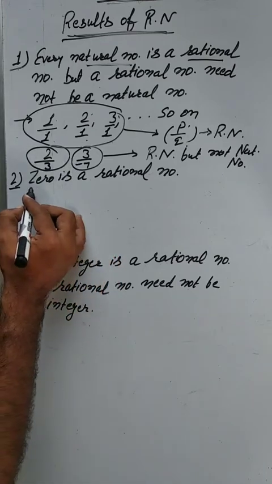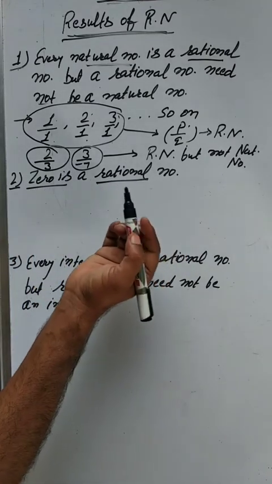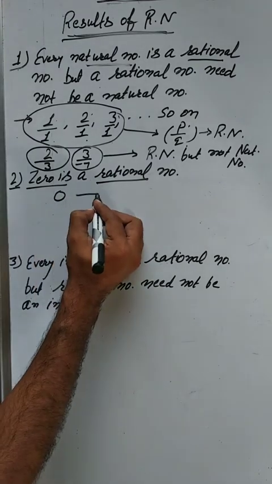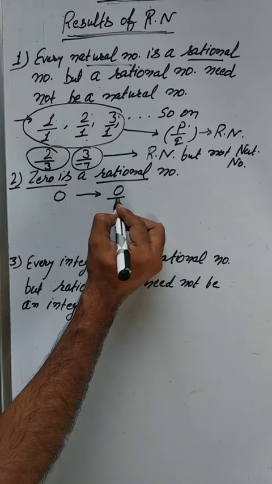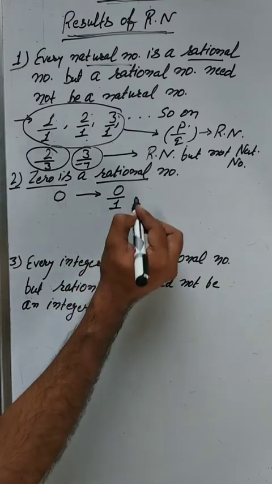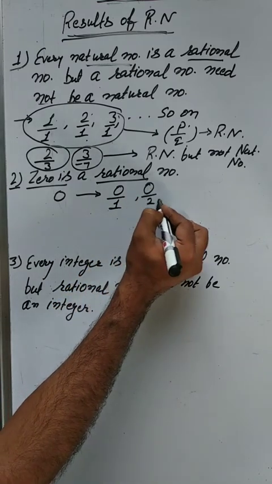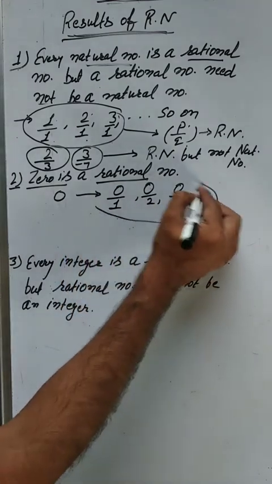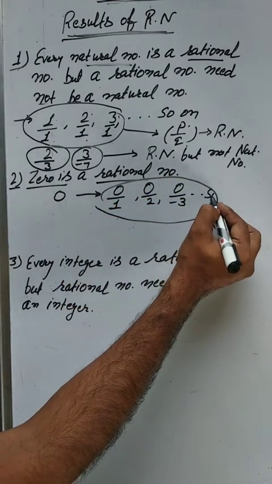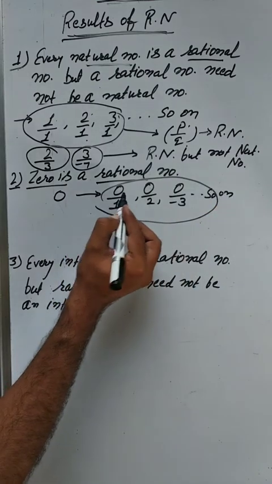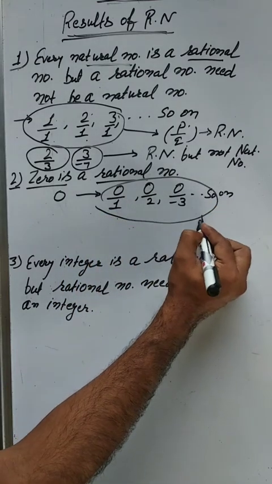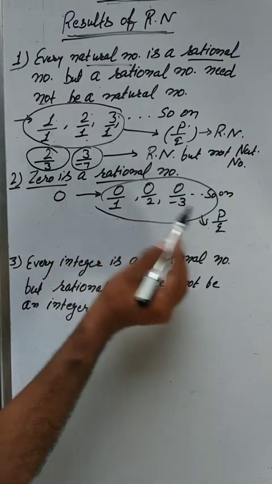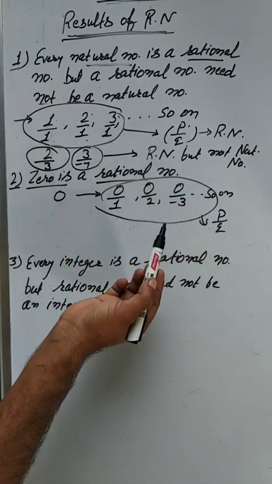Clear beta? 0 is a rational number. Because I can write 0 in the form 0/1, 0/2, 0/-3. In any form you can write 0 and so on. So this is in the form P upon Q, where P and Q both are integers.